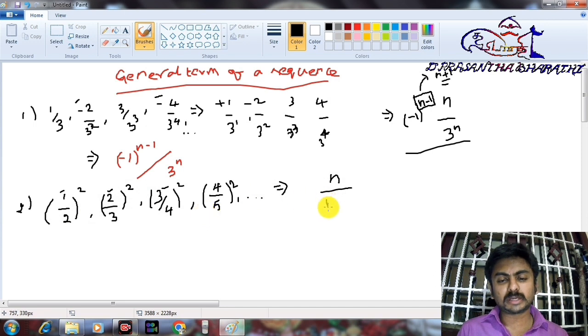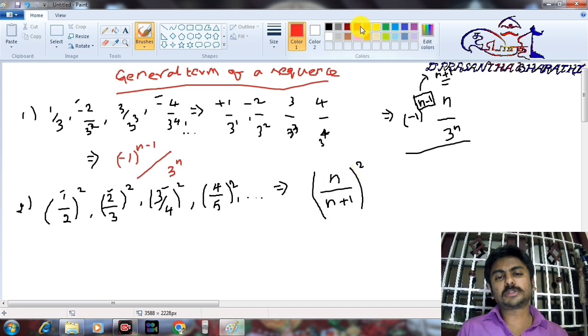So definitely n plus 1 will be the denominator of the nth term. Since square is common for all terms, we can put square here. Therefore, the solution to the second problem is n divided by n plus 1 the whole square.